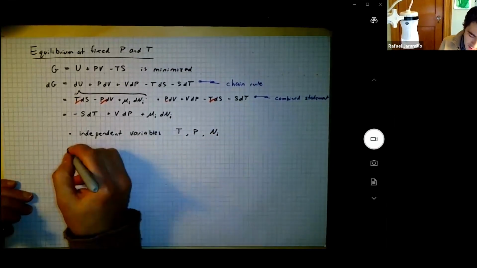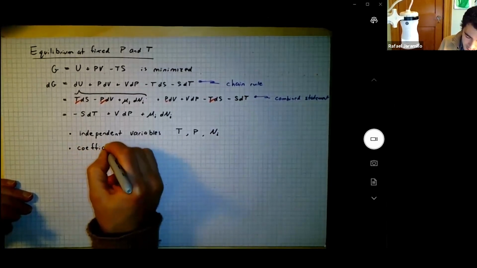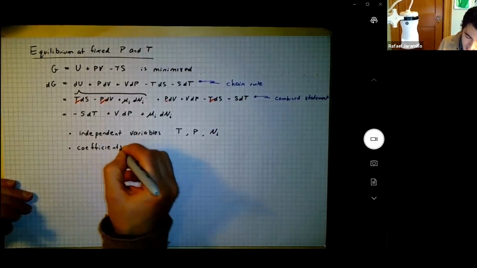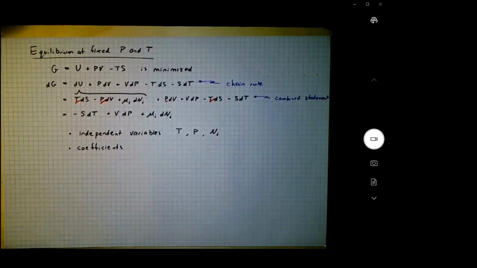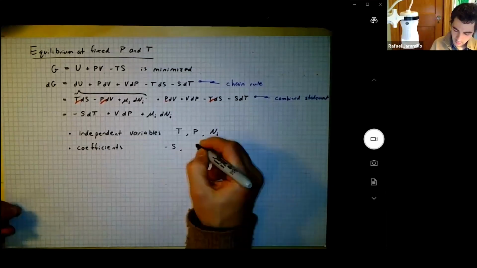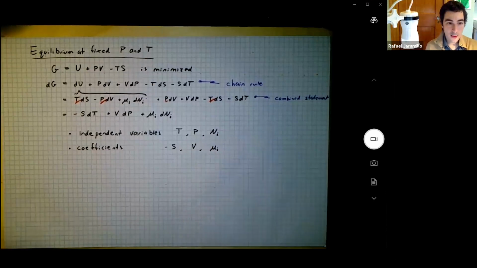And what are the coefficients? Somebody, please? Minus S, V, and mu_i. I'll make a note here.